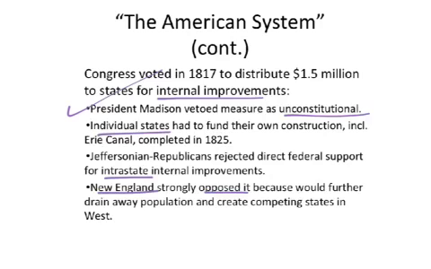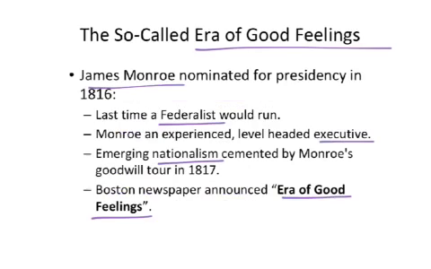Jeffersonian Republicans rejected direct federal support for intrastate internal improvements and felt that each state should pay for its own. And New England strongly opposed it because it would further drain away population from New England and create competing states in the West.